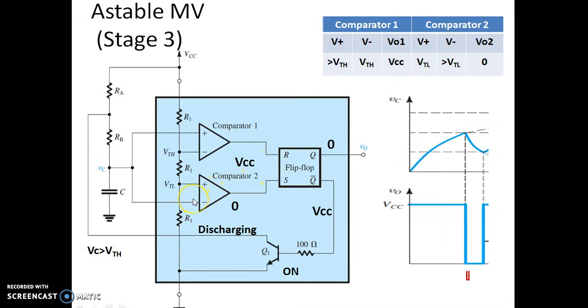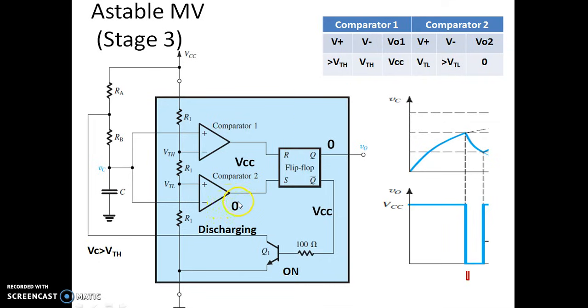Now looking at the second comparator output, since V plus is at VTL always, this V minus is greater than VTL. Since this V minus is greater than VTH, it will be certainly greater than VTL. So we have this condition, V minus is greater than V plus.